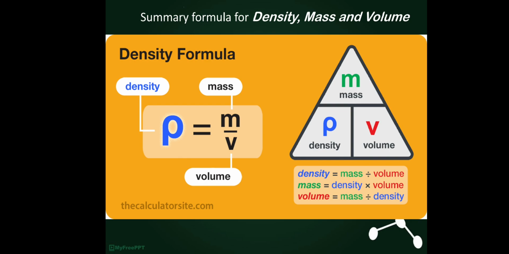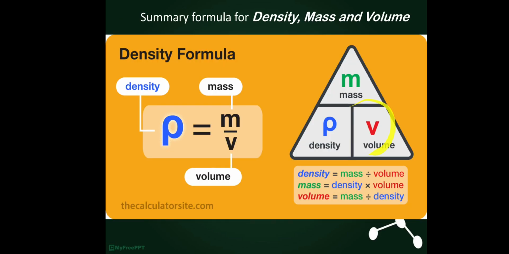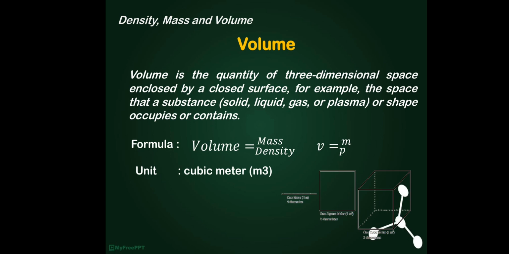If we will be looking for the mass, the density will multiply to volume. If we will be looking for a volume, the mass is divided by density, right? So this triangular form will give you the summary formula for each term.